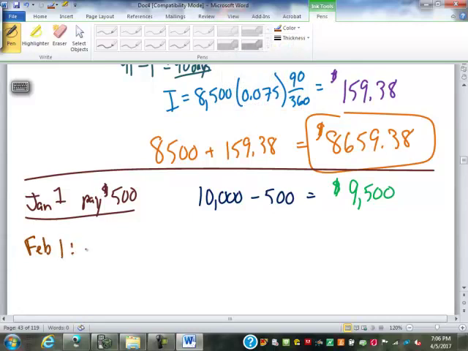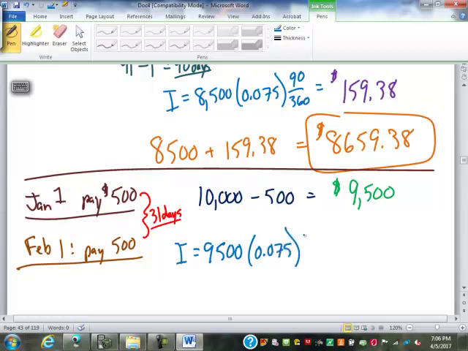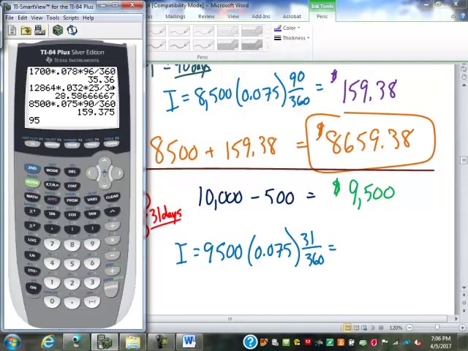February 1st, we pay another $500. That's 31 days. So our interest is 9,500 times 0.075 times 31 over 360. Okay, $61.35.